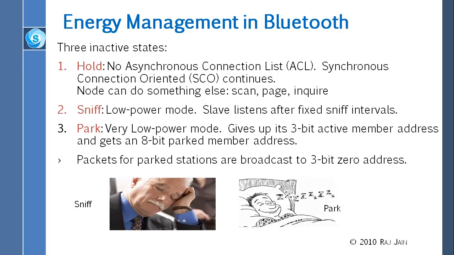And then the master will keep it until the parked node really wakes up. The reception is broadcast and everybody is listening to the broadcast. So this is like a beacon actually.